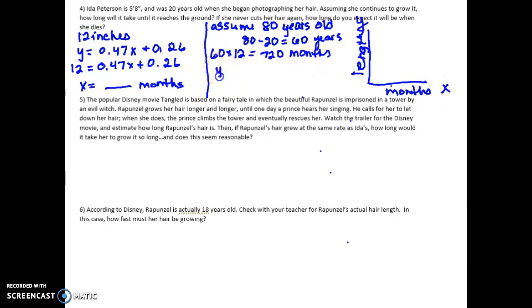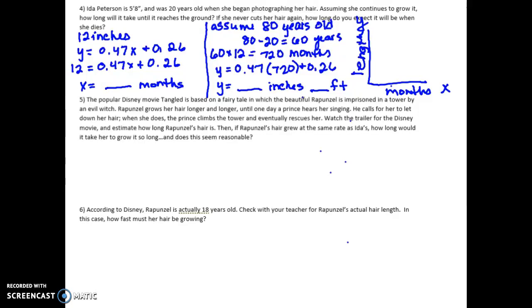Now y would be equal to 0.47, using our line of best fit again, times 720 plus 0.26. I'll let you calculate the output. Remember, you'll get your output in inches, and I'd like you to tell me what it is in feet. Remember, there are 12 inches in a foot. So that should be enough help with number 4.